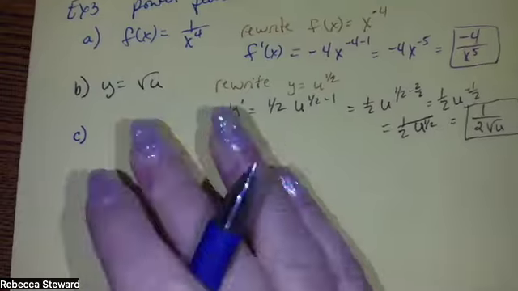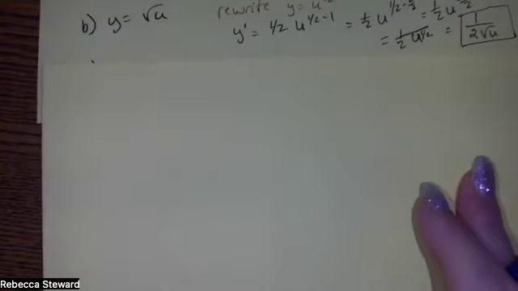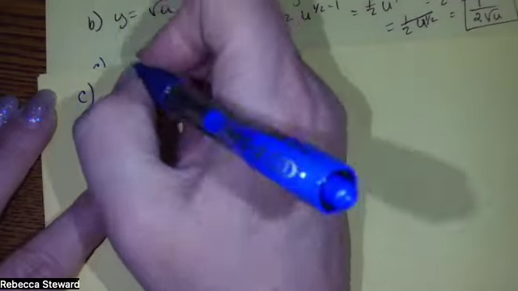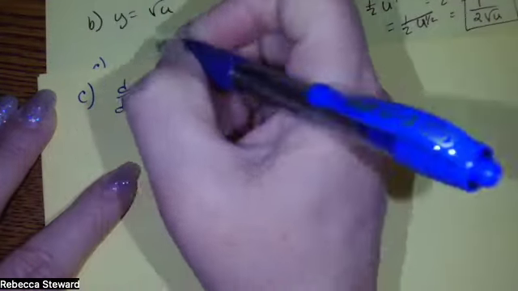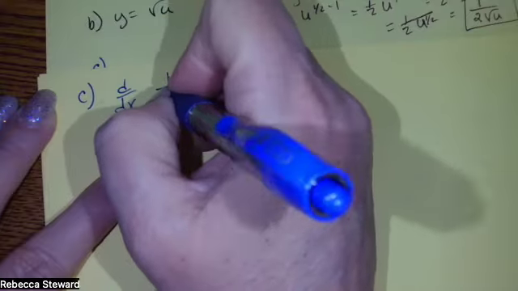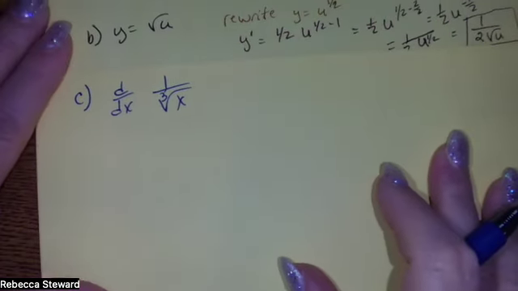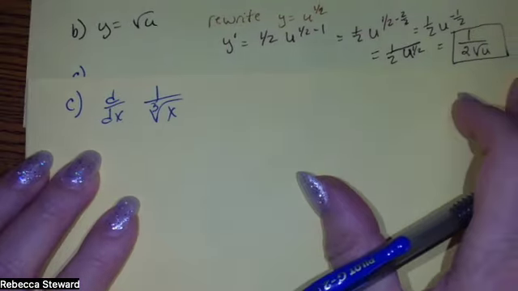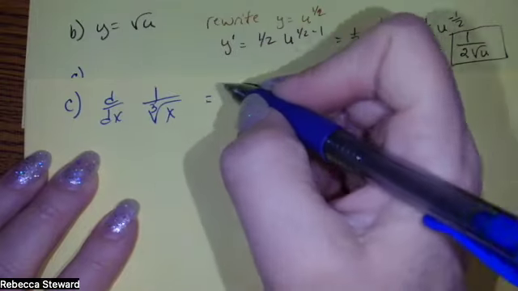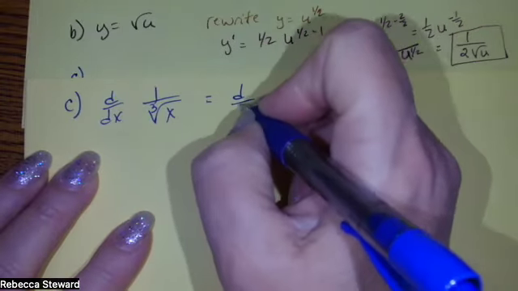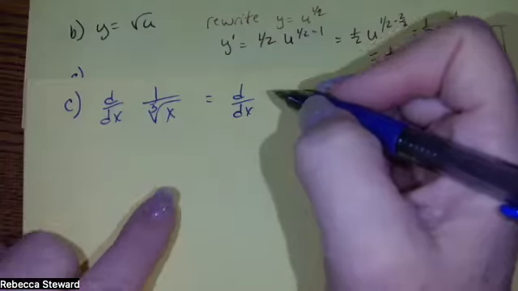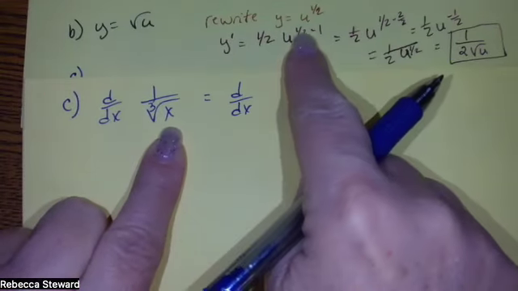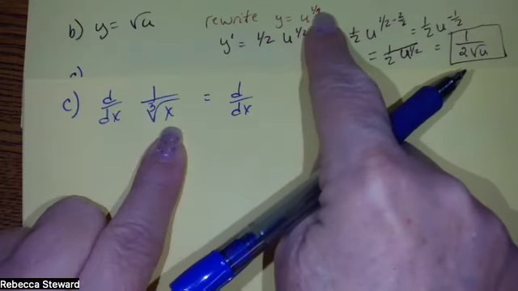I don't think we have enough space on this page, so let's go to the next page. All right, so C, we have d dx of 1 over the cubed root of x. I kind of mentioned a little bit about what that might look like. So if we have that, this is going to be equal to d dx of, if we follow what we did on this one, we took it to the 1/2, right?